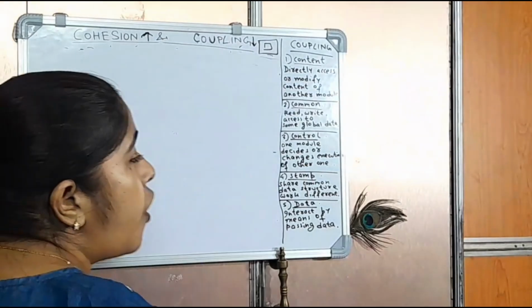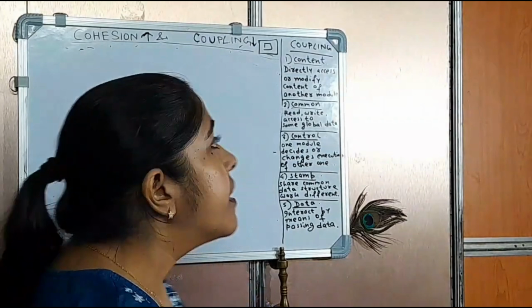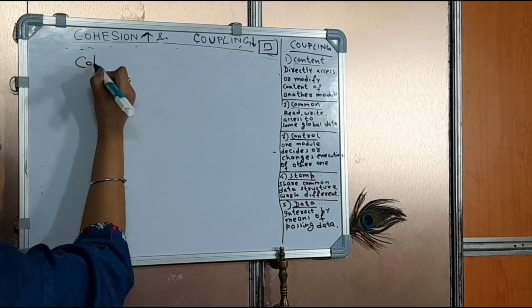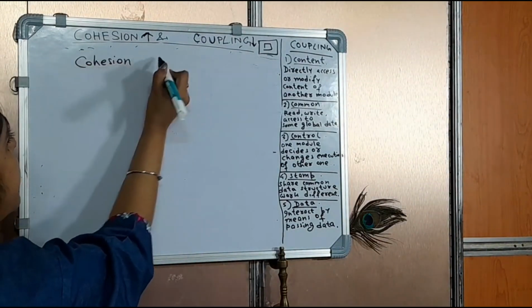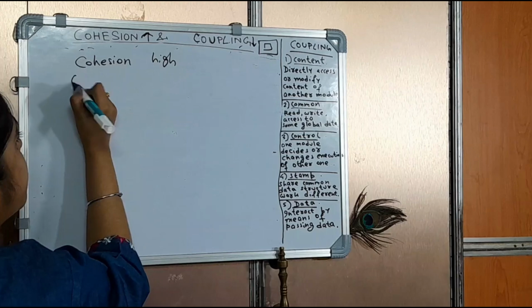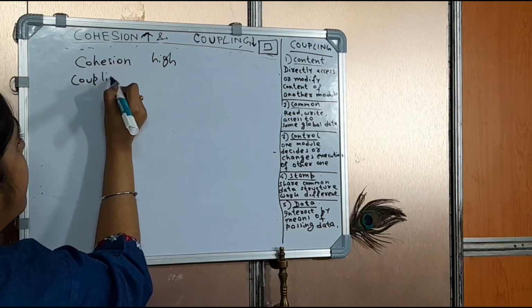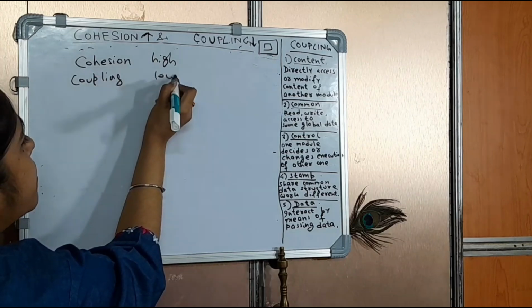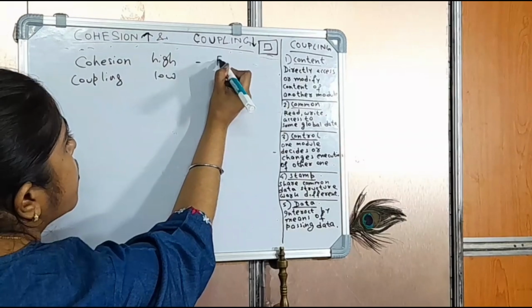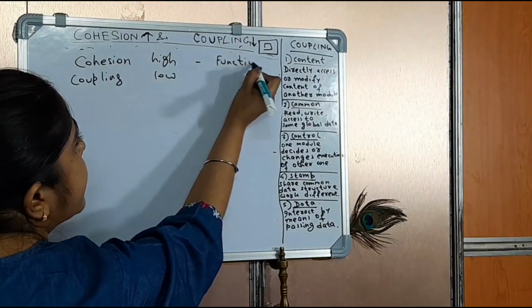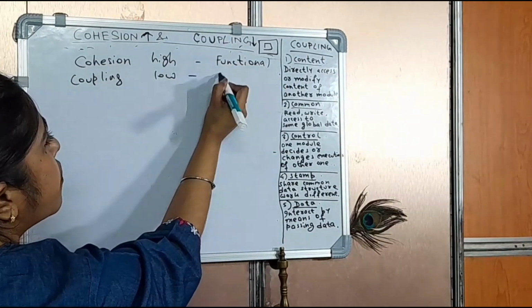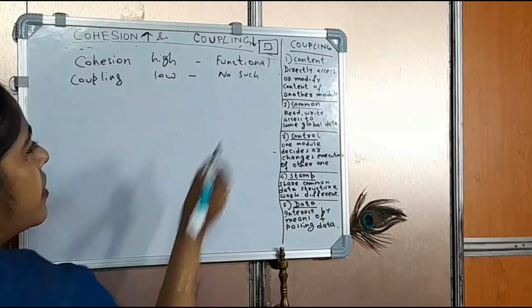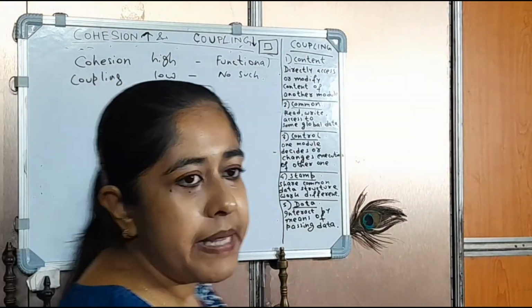But the main thing is that cohesion should always be high and coupling should be low. In cohesion, we have seen that functional cohesion is the highly accepted one. But in coupling, no such thing exists; no coupling is ideal.